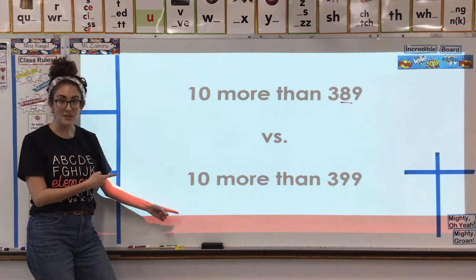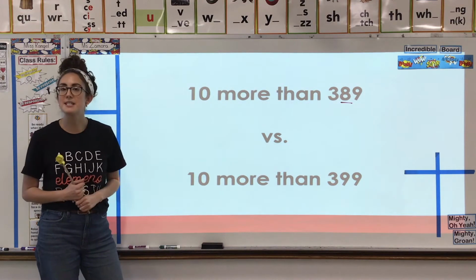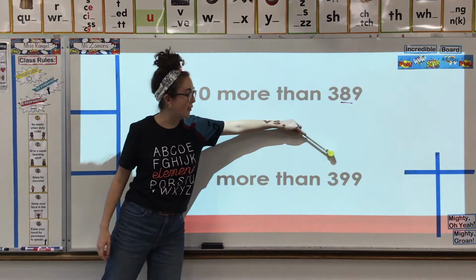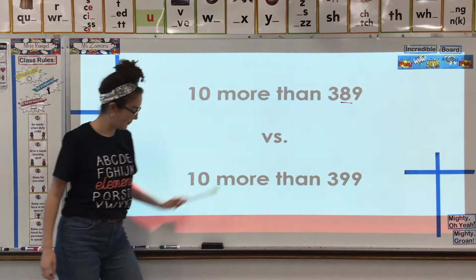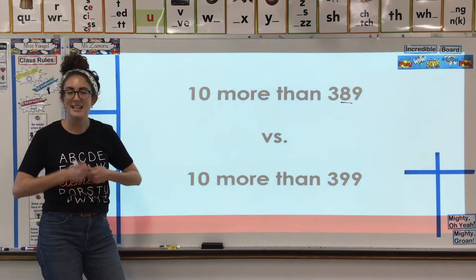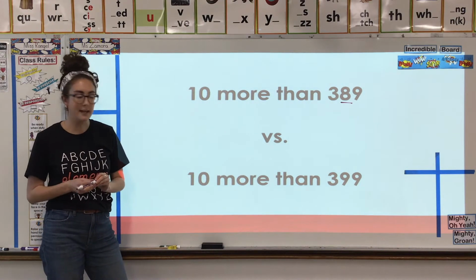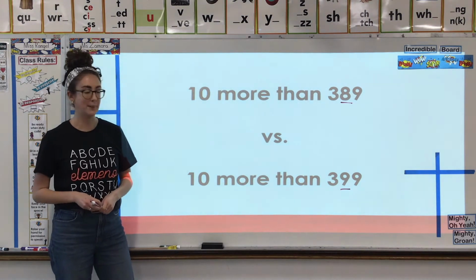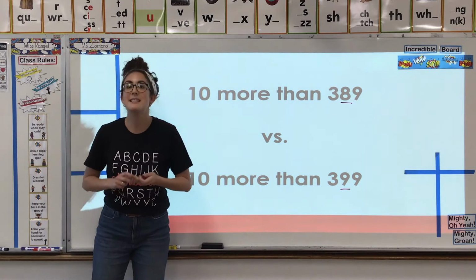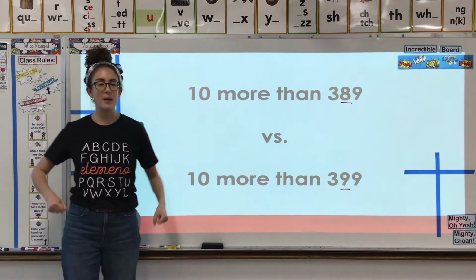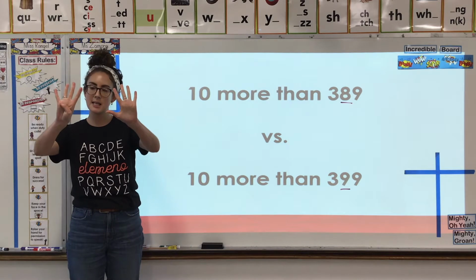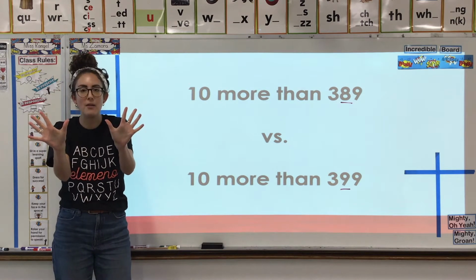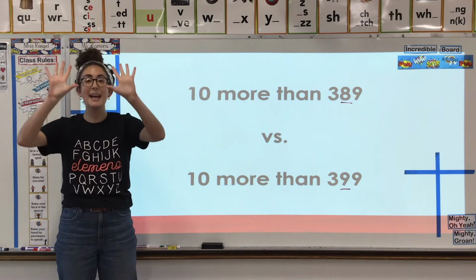But in other instances, we have to use a different strategy. 10 more than 399. In this sentence, it's asking us again to add a 10, but this time, how many 10s are in our number? There's 9 10s. So if we have 9 and add another, how many 10s do we end up with? 10 10s.